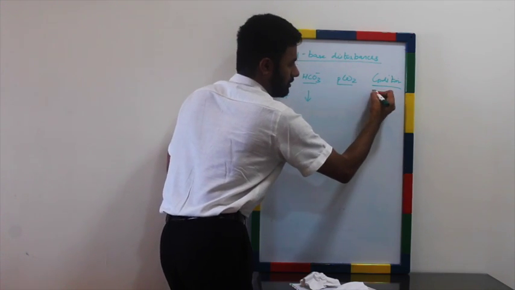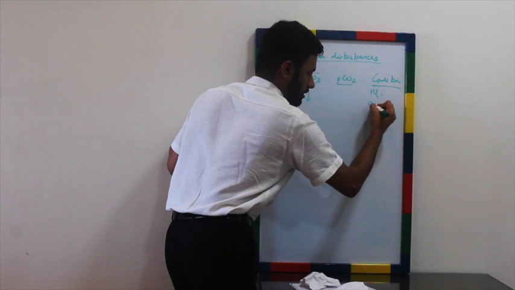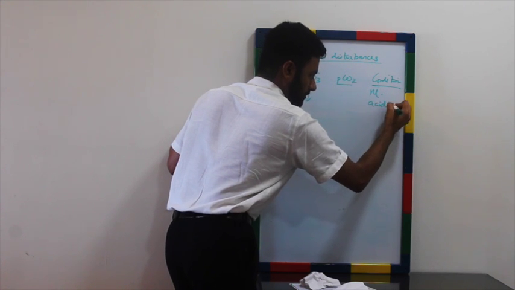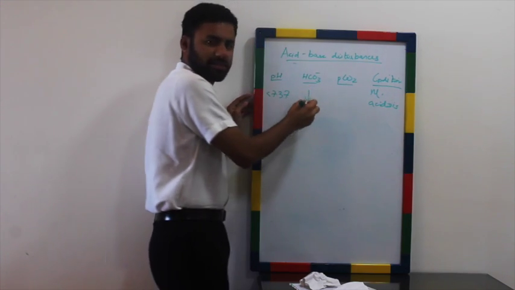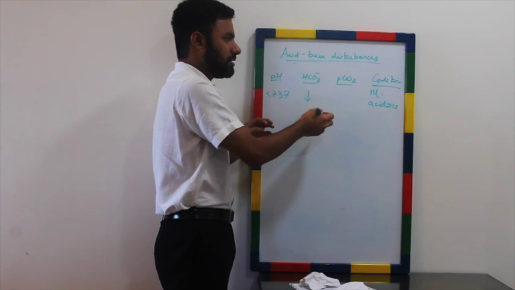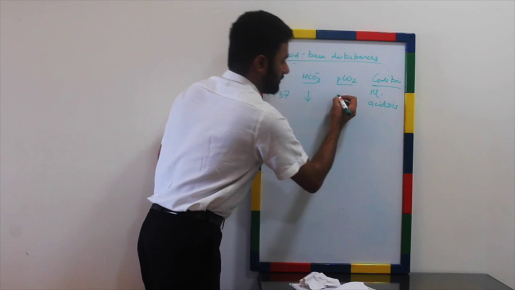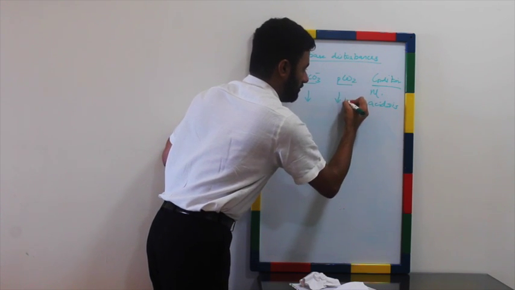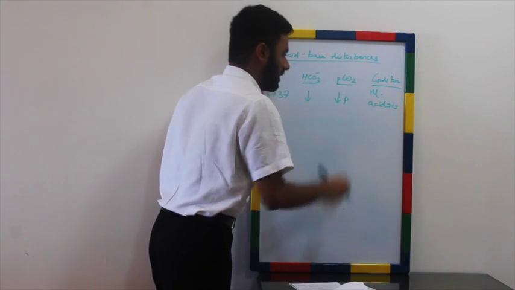The condition is called metabolic acidosis. So this is the primary response, a decrease in plasma bicarbonate. The body compensates by decreasing PCO2 by hyperventilation.